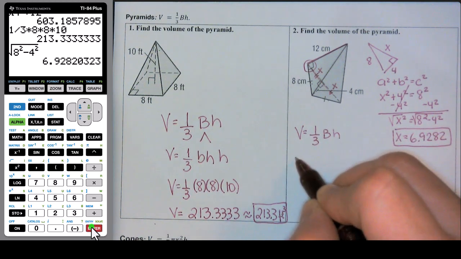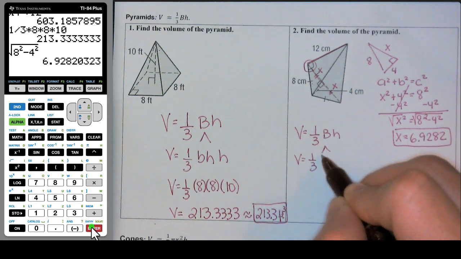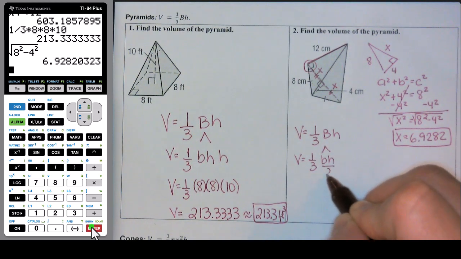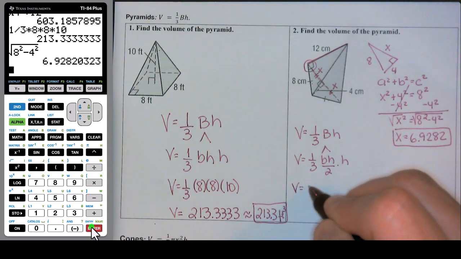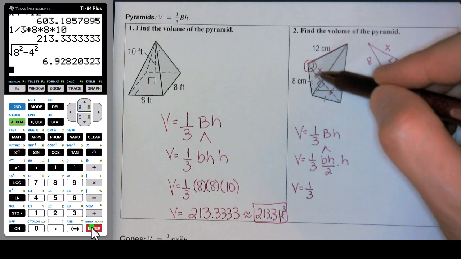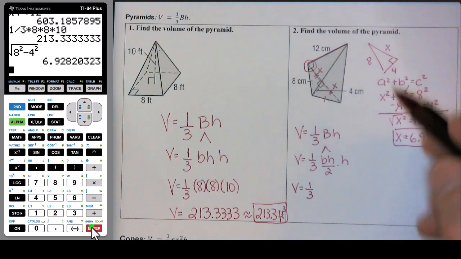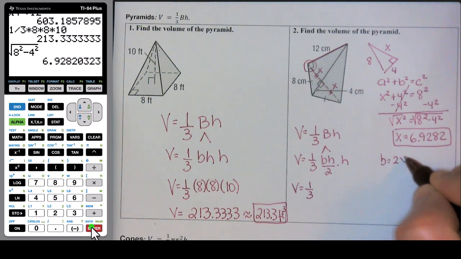times height. The area of the base is a triangle, so this would be base times height divided by 2 times the height of the pyramid. So we found this x here, we need to find the whole base. So the base will be equal to 2x.